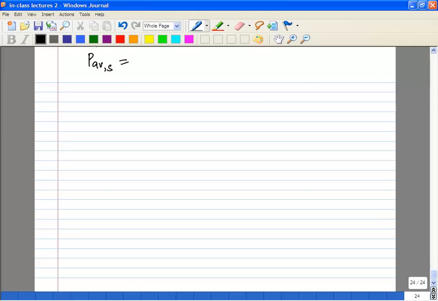What is the power available from the source? It is Vs over 2, whole square, over Rs. Let's assume Vs and Vout are all RMS quantities for now.